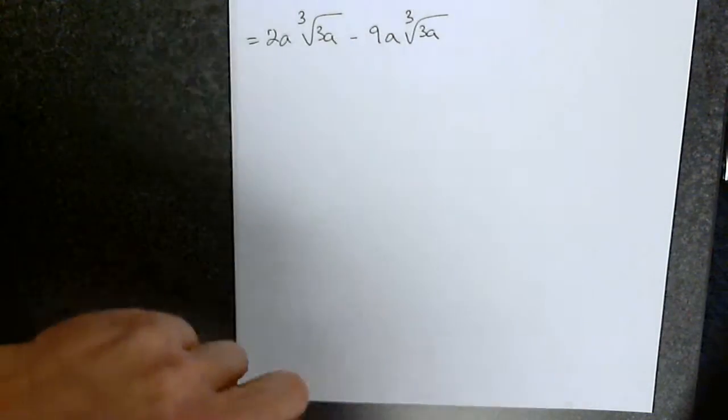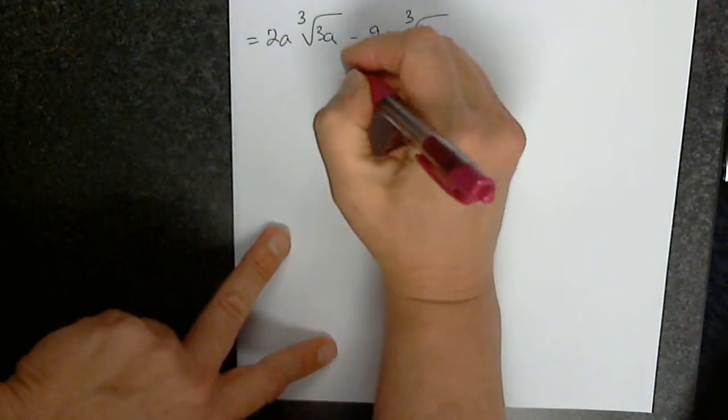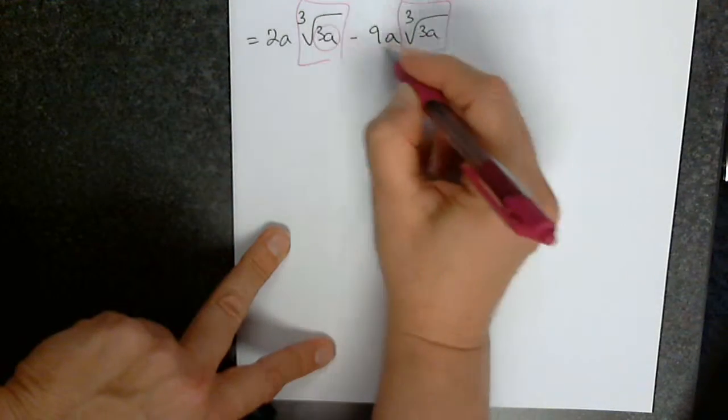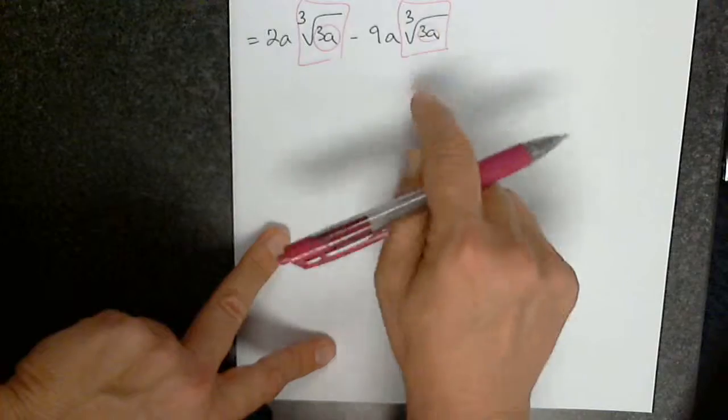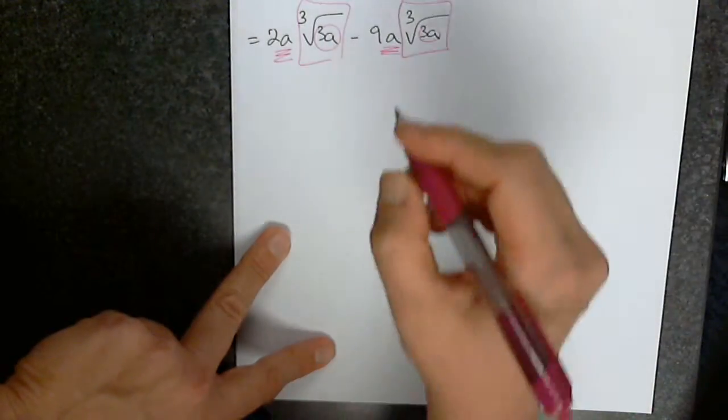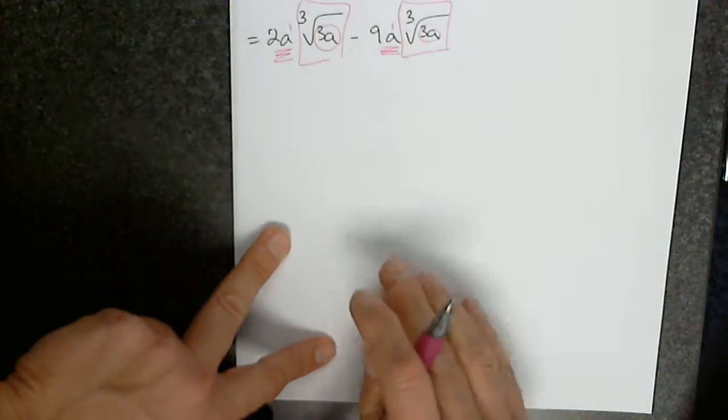So notice one thing. The radical notation is identical. Same index, the same radicand. These two both have the same variable in front, and the variable has the same power.